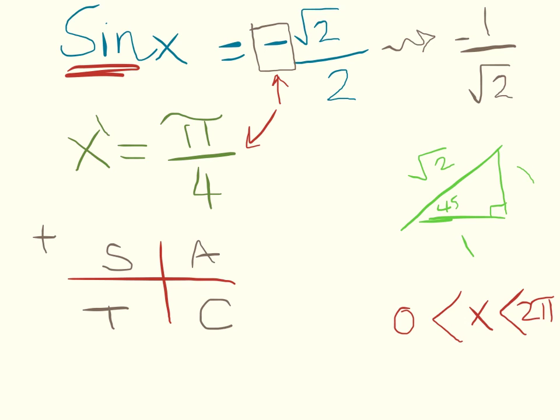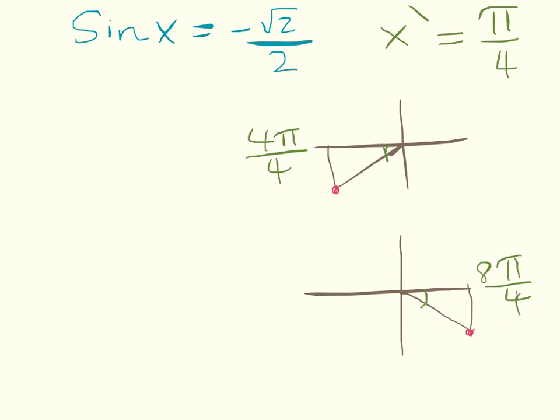Alright, so if I look at my pi over 4 triangles in quadrant 3 and 4, where sine is negative, I will see that I can come up with an answer for this hypotenuse right here, or this terminal side. If I want to put my angle in standard form, this is 4 pi over 4 right there, because that's half rotation is pi. So pi over 4 more, that's 5 pi over 4.